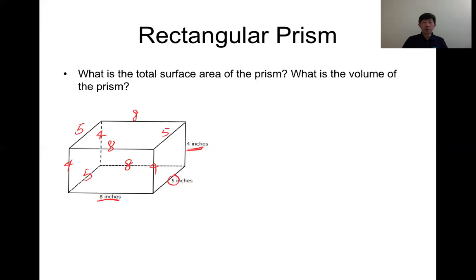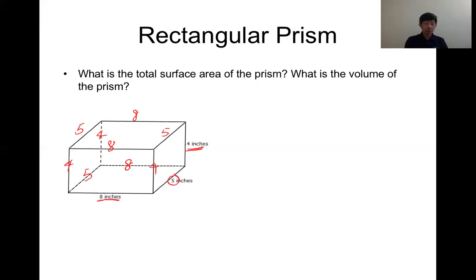Now for surface area, we want to learn this concept, not just use the formula to plug in. We have to learn it meaningfully, okay? So basically, we're looking for how many area combinations.